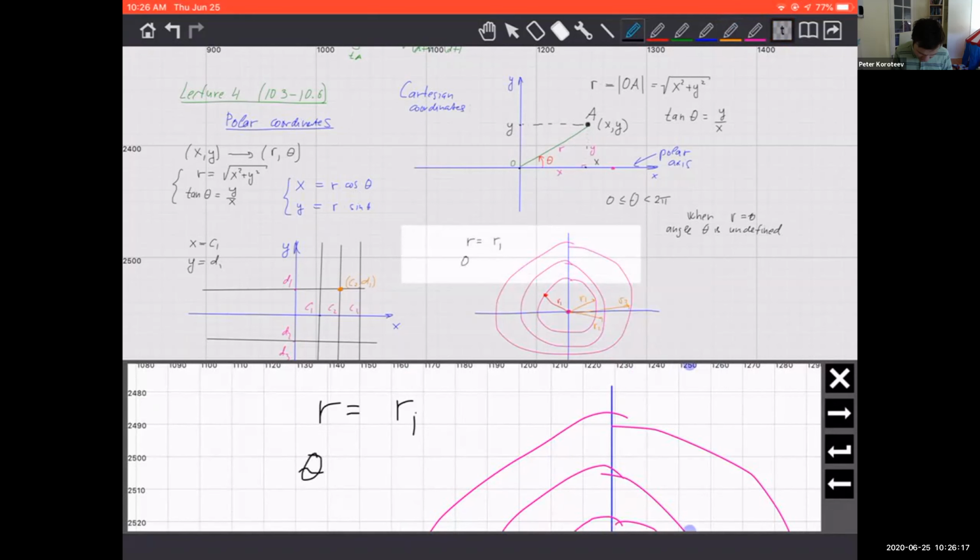Okay, and then how about theta? So theta is equal to theta 1. What is the set of points that is described by the equation theta equals a constant? How does it look like? A line, yeah, that's right. A line with slope tangent, yes, that's right.